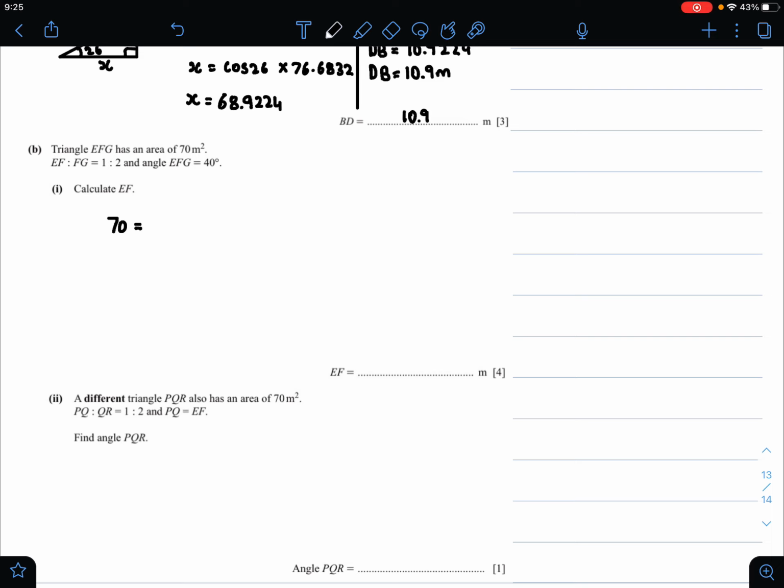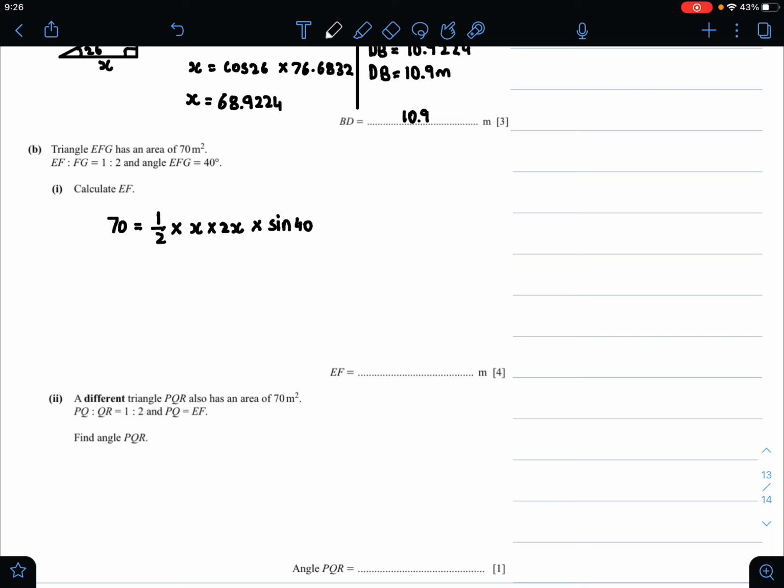We know that this angle is in between both those sides because F is the angle between the sides EF and FG. So we don't know if this is a right angle triangle, so we'll use the formula of half multiplied by side 1 multiplied by side 2 multiplied by the sine of the angle in between both the sides. So one of the sides is x and the other side will be 2x, multiplied by sine 40. Now all we need to do is solve for x.